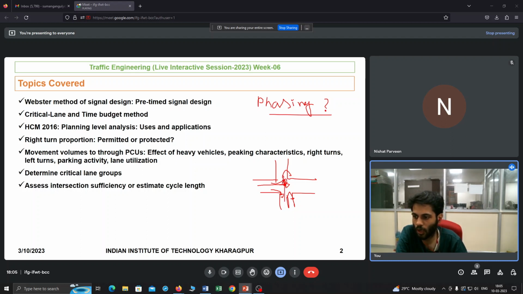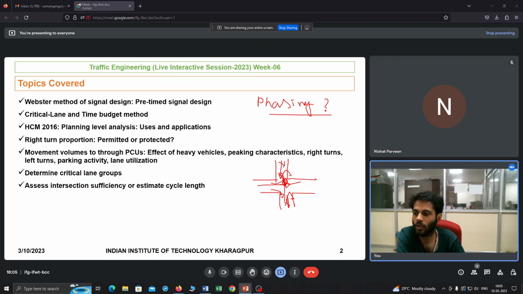So we have to allow or restrict this movement, right? As well as if I have some vehicles like that, it will also directly conflict, right? It will lead to a collision. So we need to restrict this movement as well as this movement, whichever causes this direct conflict for that particular movement. So that's why we have to design our phases effectively.